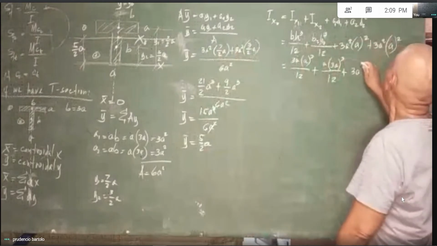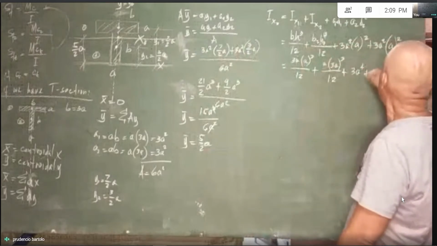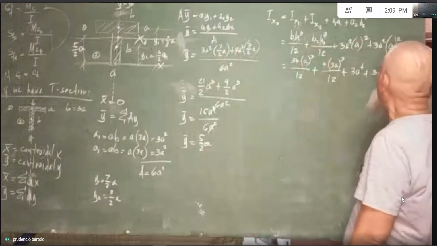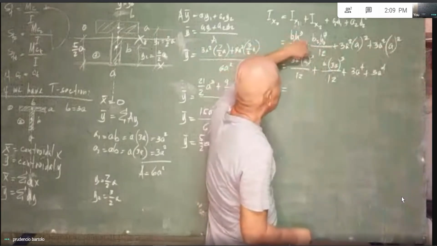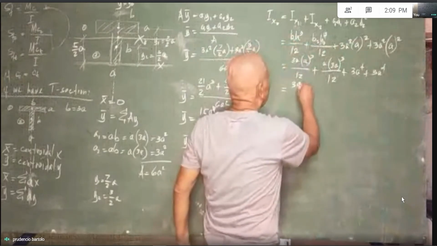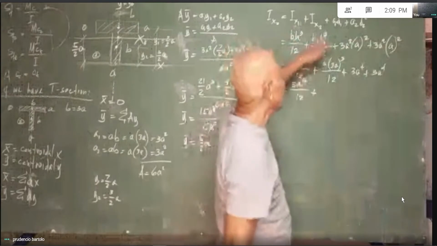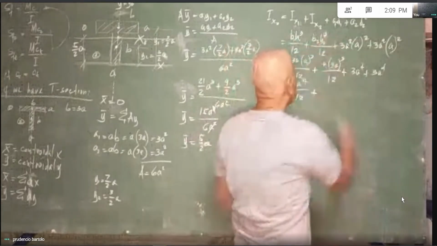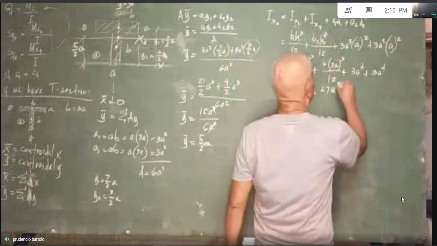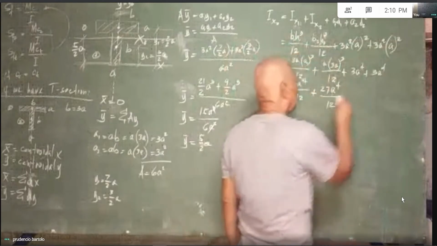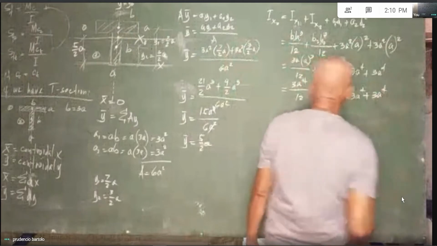3a to the 4 plus 3a to the 4, or that is equal to 3a to the 4 over 12 plus 3 cubed is 27. 27a to the 4 over 12 plus 3a to the 4 plus 3a to the 4.